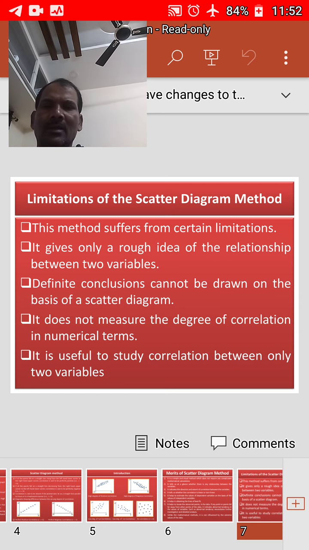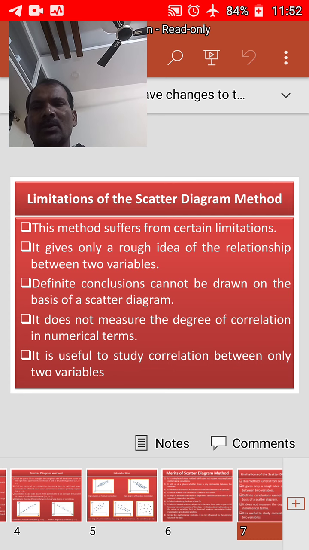We can't make definite conclusions based on this scatter diagram, and it does not measure the degree of correlation in numerical terms. There is no ability to express the degree of correlation in numerical terms.